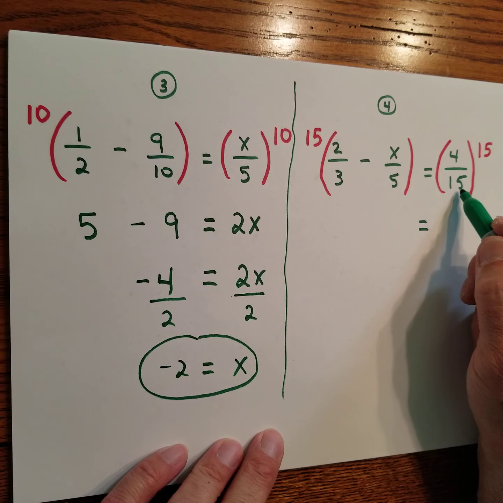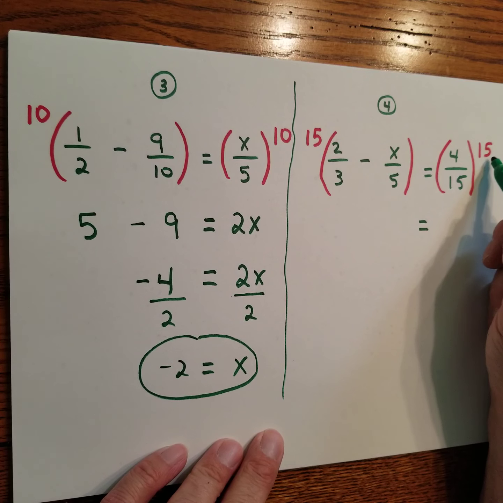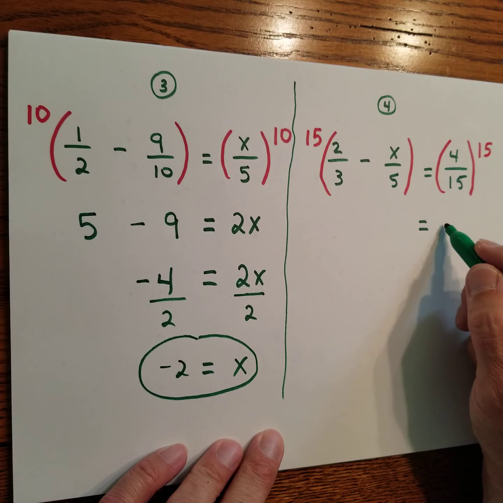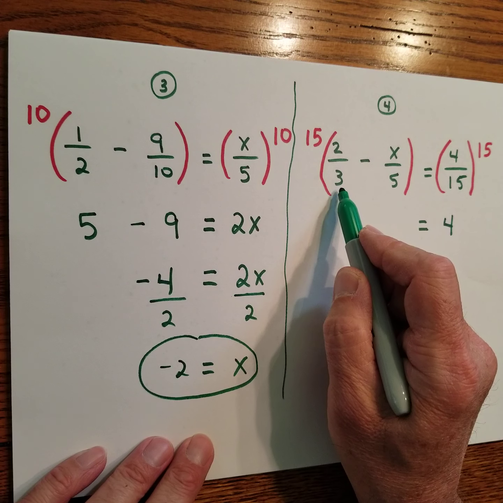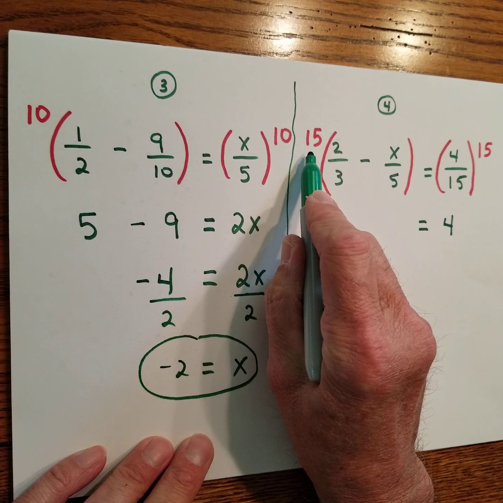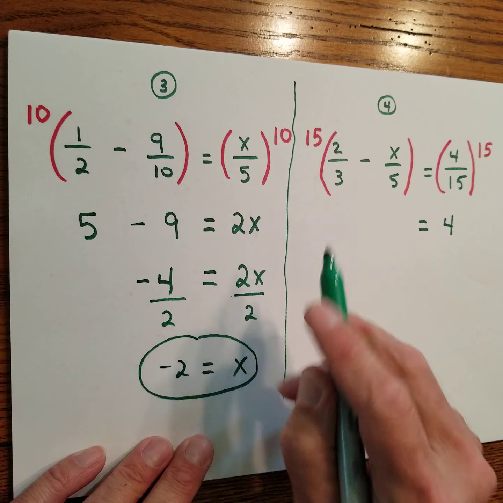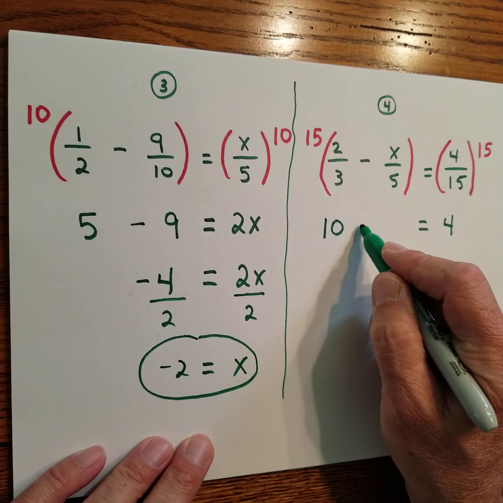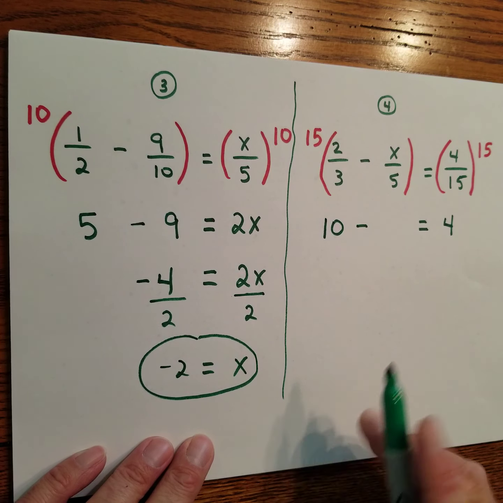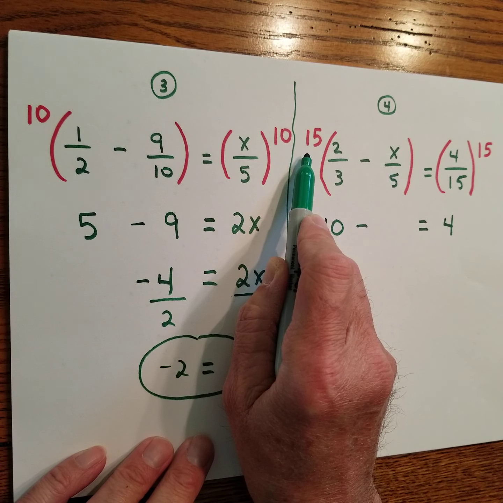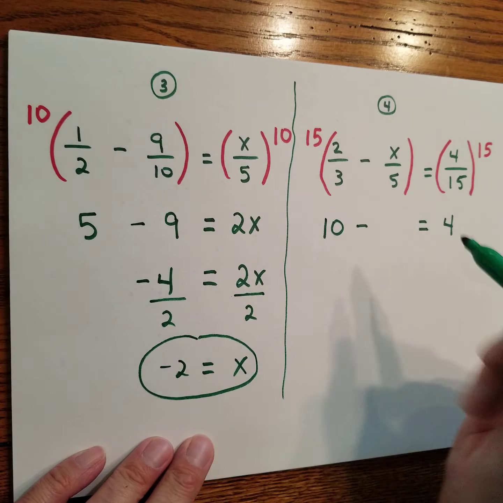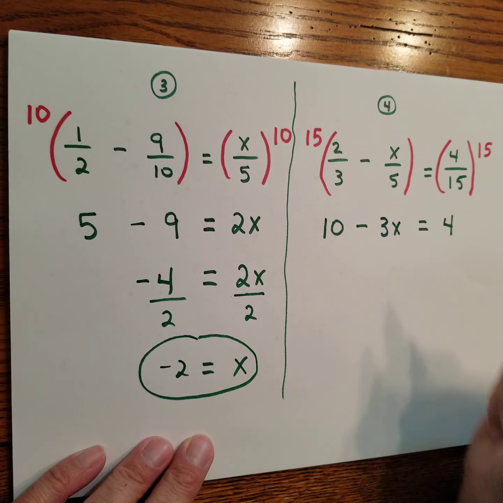How many times does 15 go into 15? Once. 1 times 4. How many times does 3 go into 15? 5 times. 5 times 2, that's 10. How many times does 5 go into 15? 3 times. 3 times x looks like 3x.